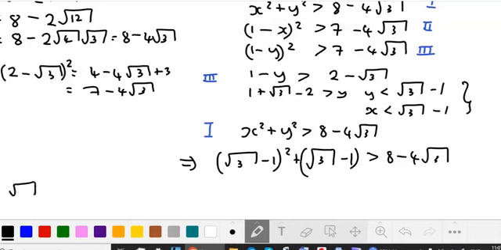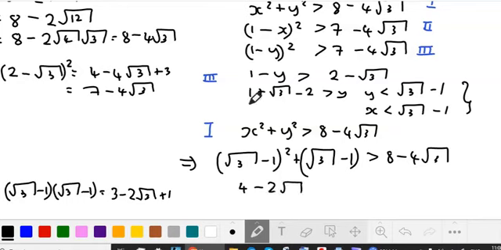Now, root 3 minus 1 times root 3 minus 1 is 3 minus 2 root 3 plus 1. So the left-hand side would be 4 minus 2 root 3 plus 4 minus 2 root 3.